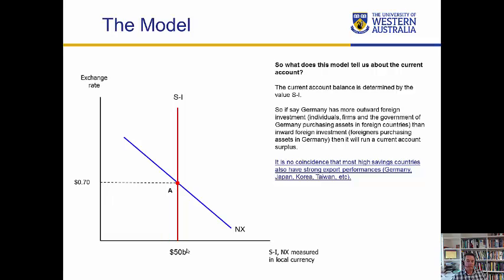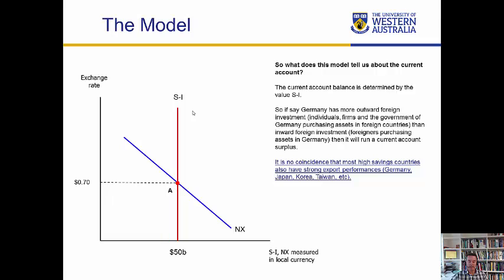So this gives you insights into what a current account balance is all about and what the main drivers of a country's current account balance actually are. The main driver is a country's net foreign investment position, that is, whether a country has a positive or negative S minus I value.